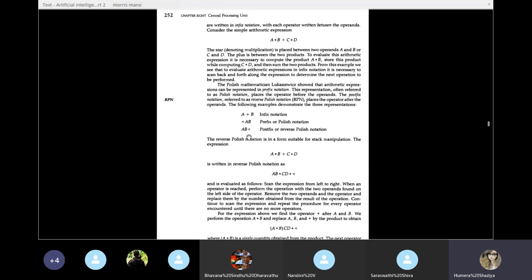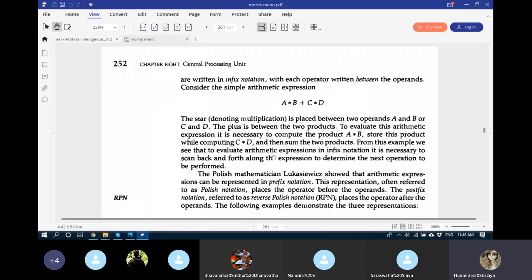The operator appears after the operands. First you have the operand, then you have the operator. So how do you convert this infix notation into reverse Polish notation? I think you know the procedure.